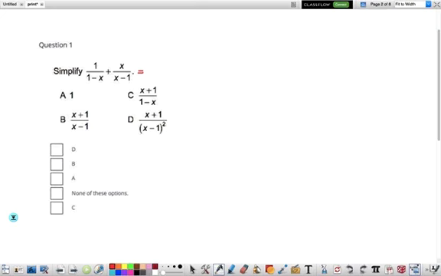You can factor out -1. 1 over 1 minus x plus x over, factor out -1 from this guy, -1 minus x, right? This becomes positive. This guy was positive, so it becomes negative. Now it's a subtraction problem, right? 1 over 1 minus x, subtract x over 1 minus x.